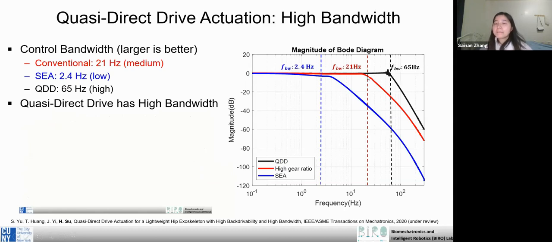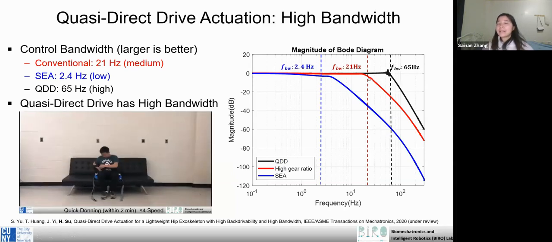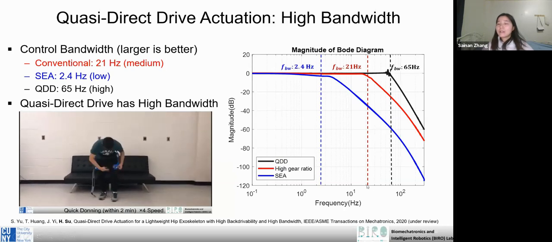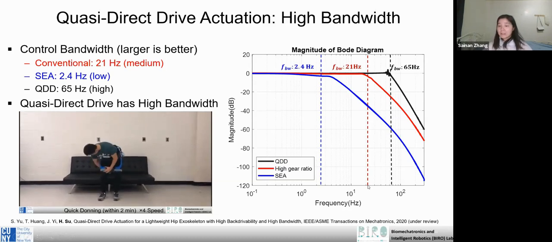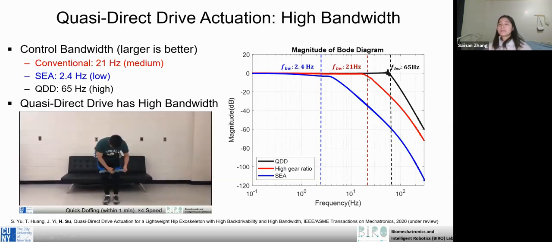For example, for the conventional actuator, the red line, we draw the -3 dB line here. For this point, draw a line here. This point is its bandwidth. We can read it from here. It's turn 20 and about 1, so 21 Hz.